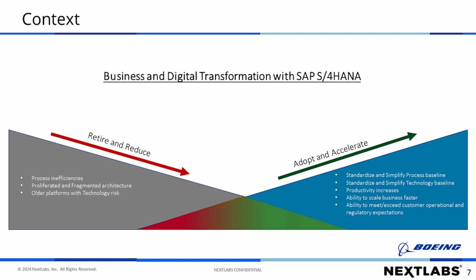We have also acquired a lot of companies through M&A, and as we acquired, we inherited some of their application portfolio. And over the course of the last 30, 40 years, the amount of process proliferation is also very inefficient in terms of standardizing across the enterprise, or across the BUs.